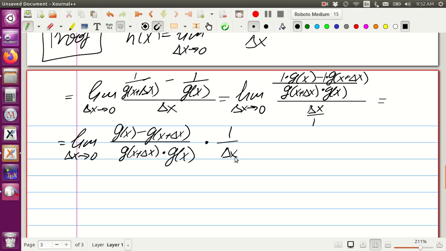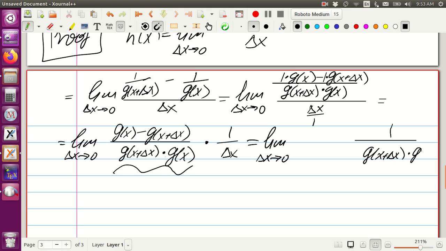All right. So everything looks good. So let's try to rearrange the terms. We'll write limit delta x goes to 0. What I'm going to do is take these two terms over here and move them to the end. So I'll write 1 over g of x plus delta x times g of x.